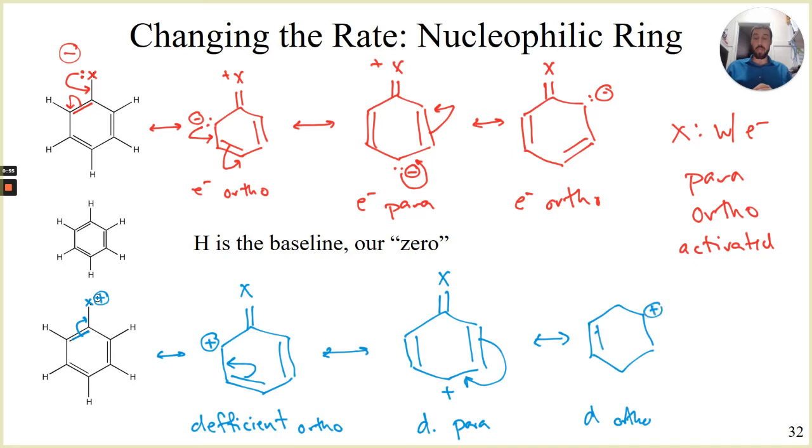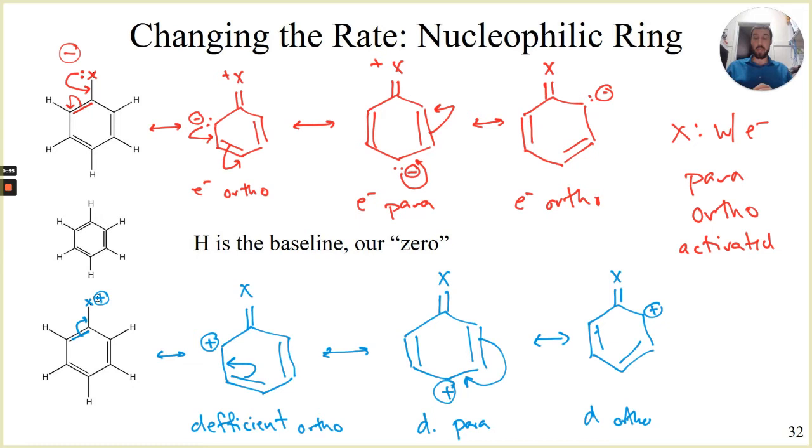What does this mean for us? We could continue to draw that back around so we get the positive charge back to the beginning. So first and foremost, do we expect the ortho and para positions to react? Well, no. Remember, the benzene ring must act as a nucleophile, an electron donor. These don't have electrons to react at those positions.